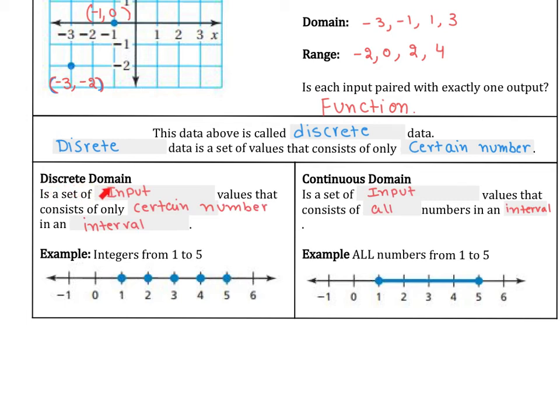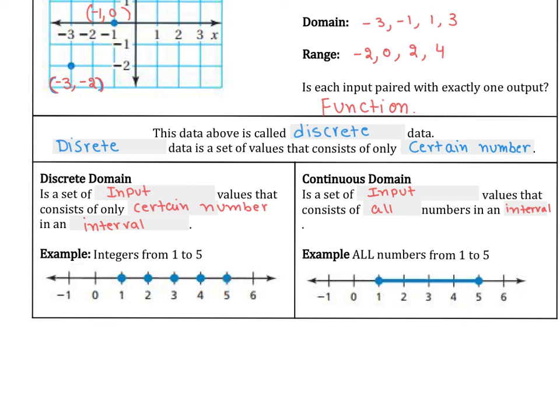So the discrete domain is a set of input values that consists of only certain numbers in an interval. So certain numbers like 1, 2, 3, 4, 5. If we just make a line through these points and join them, it means that they are taking all the values from 1 all the way to 5.